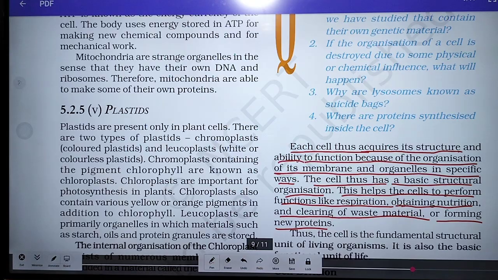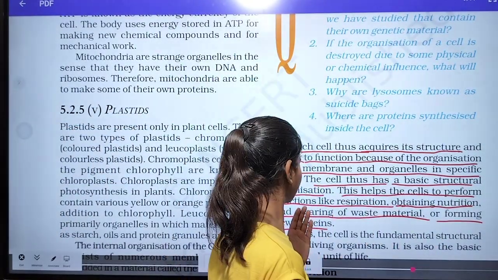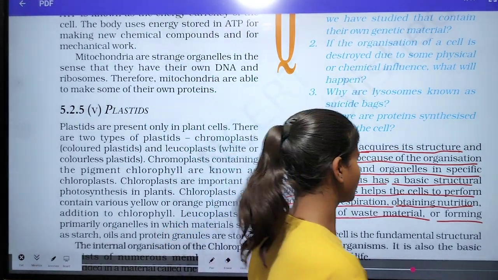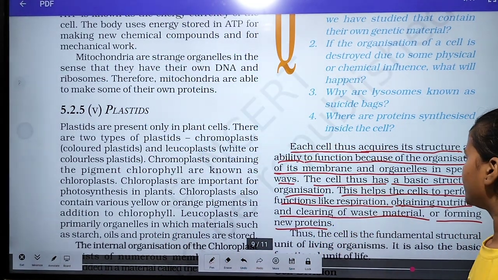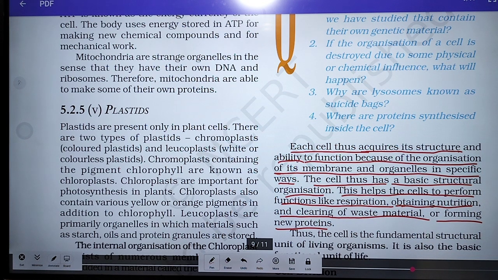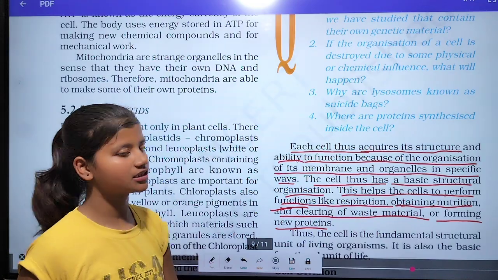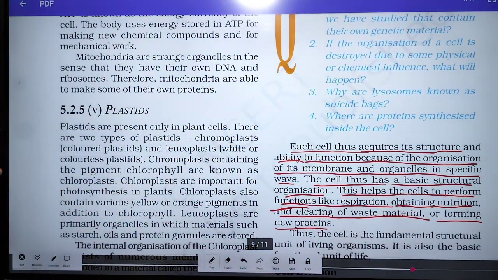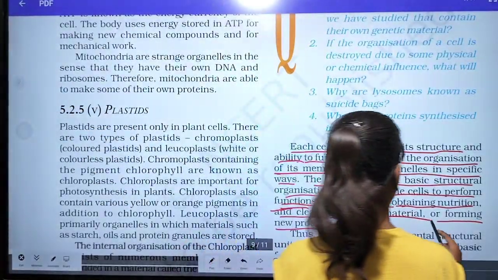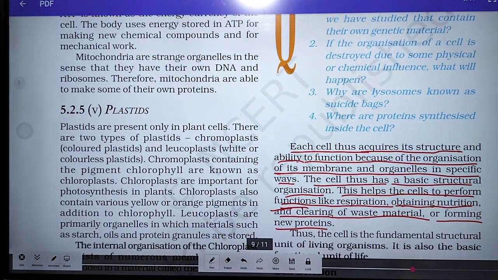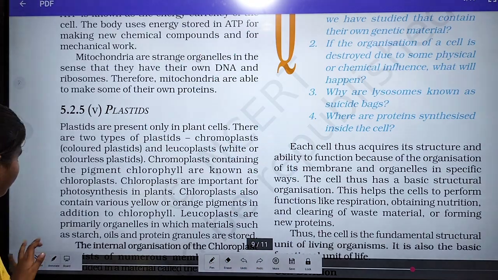We know that the vacuole helps to perform these functions, helping to clean the plant cell, or forming new protein. This is the function of the vacuole.